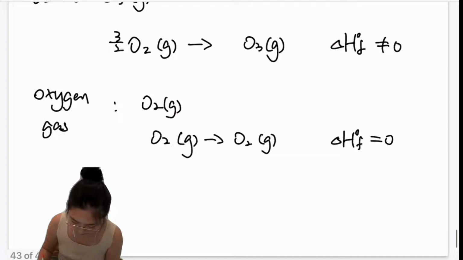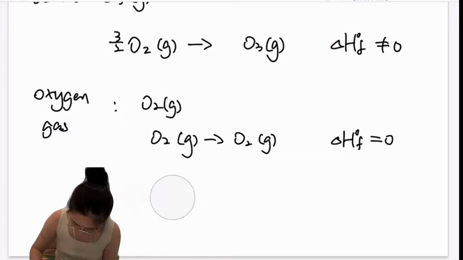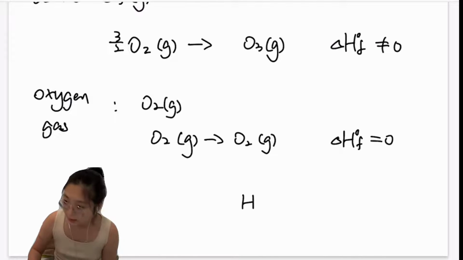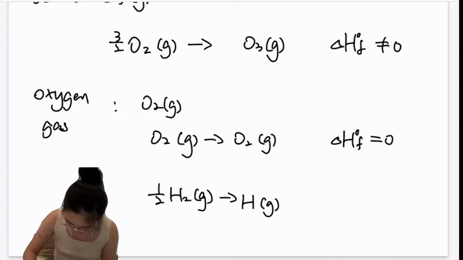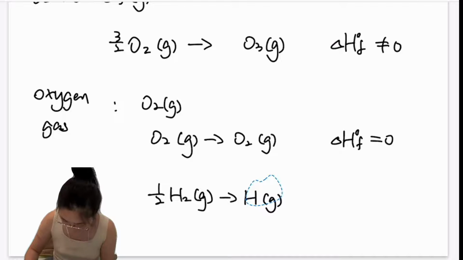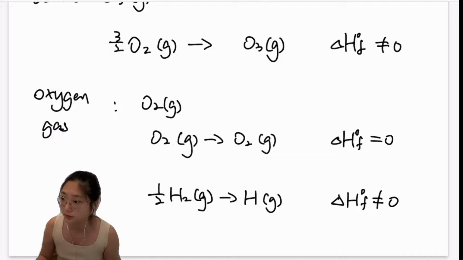Another example: the enthalpy change of formation for the hydrogen atom. It will be 1/2 of the hydrogen gas becoming one hydrogen atom in gas. Again, for this reaction, the enthalpy change of formation is not equal to 0.